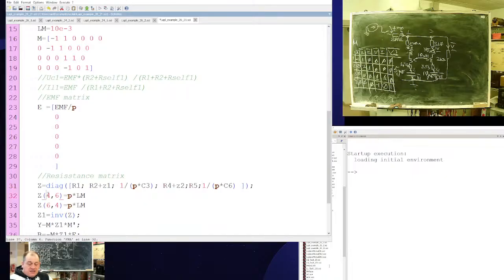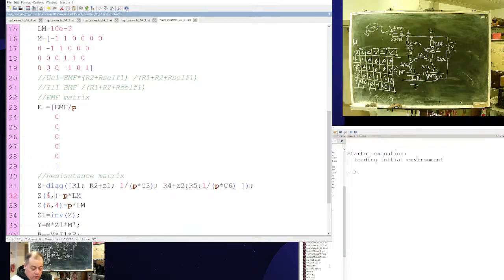My schematics contain mutual inductance. Mutual resistances are written if, let's say, between branch 1 and 2 there is a mutual inductance, so PM should be at 1, 2 and 2, 1 symmetrically. In my case, the mutual inductance connects branches 2 and 4.